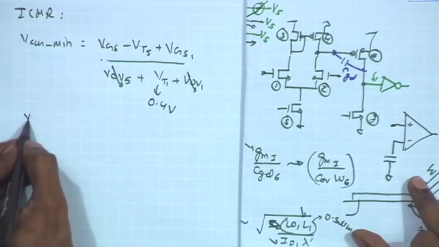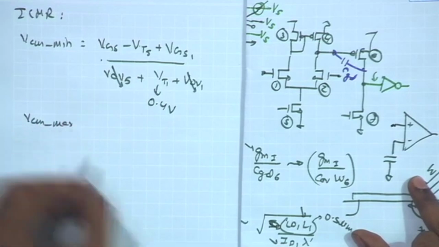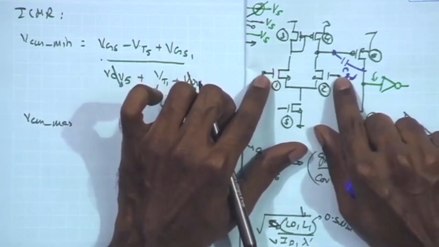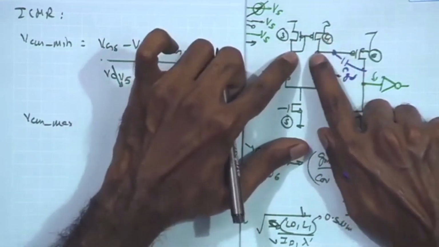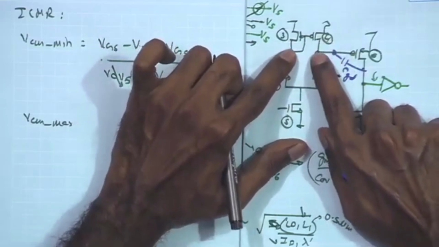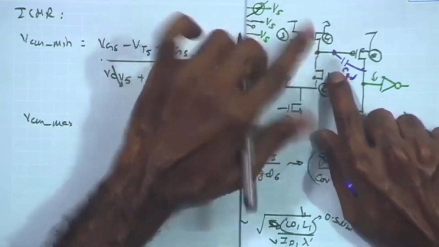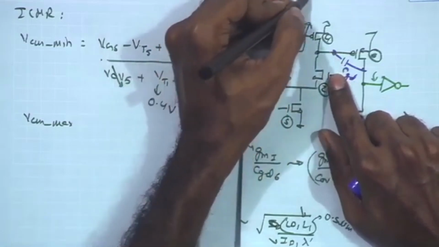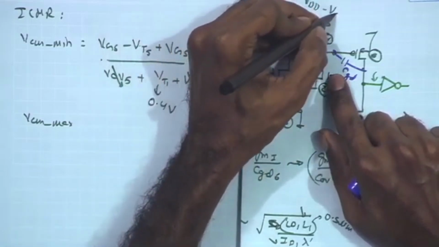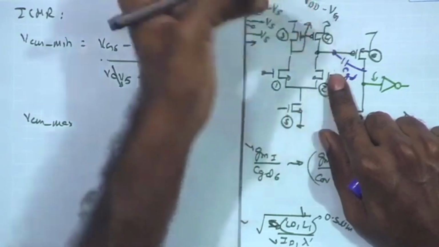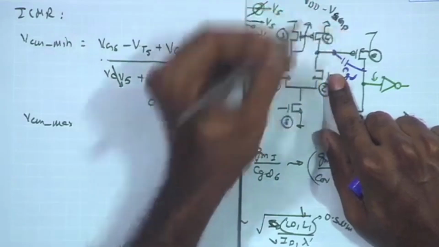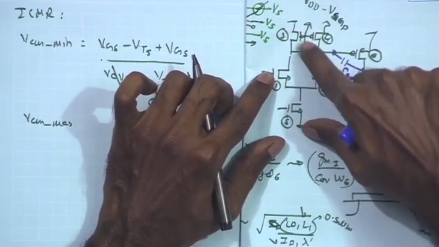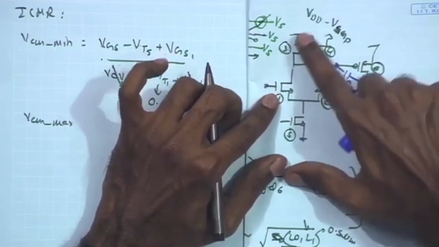On the other hand, VCM max. If your common mode voltage is increasing, remember the drain potentials over here remain almost clamped to the VDD minus VSGP. So, this is VDD minus VSGP, if I assume that this is the source to gate potential drop VSG of this PMOS.